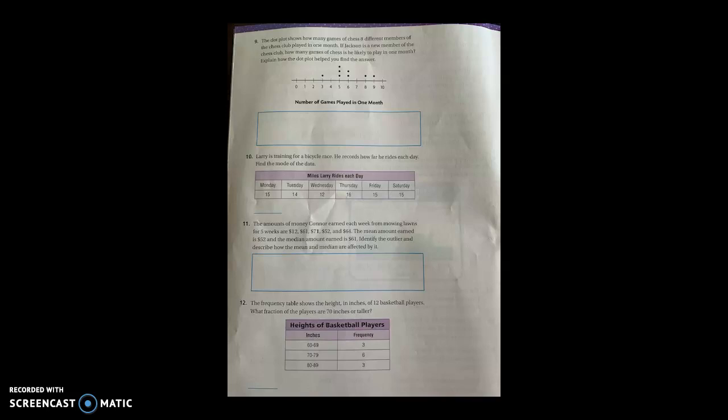Explain how the dot plot helped you find the answer. Well, think about it. If he's likely to play the same amount of games as the most people, what does the word most mean? It would be the mode, so that should give you a clue.